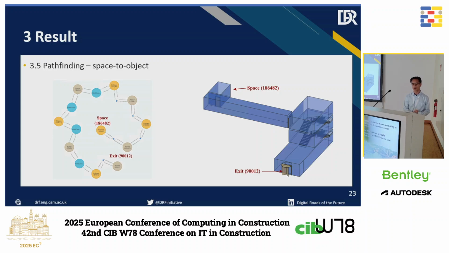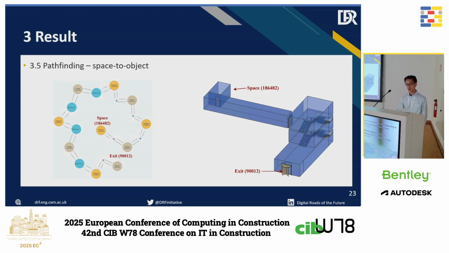Last are the 2 cases. The first is space to object pathfinding. You can specify the start node or start space, and the end is exit 91102. And by running that query, we'll get the path like this. It's a graph path, and this graph shows the sequence you need to follow to reach the exit from the space 186.482. But this is not enough. If you want to really use it in practice, you need some visual aid, such as lines.